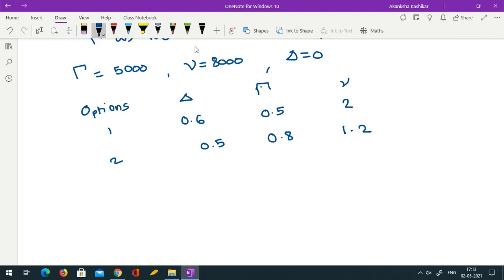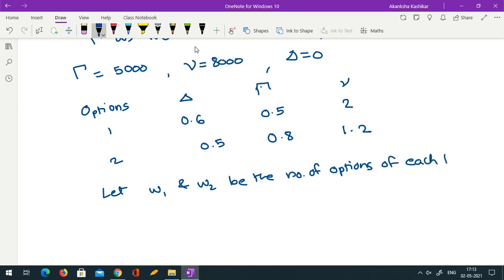So portfolio vega and gamma are given to us, and we want to make the portfolio vega as well as gamma neutral. So let omega 1 and omega 2 be the number of options of each type which would be traded.